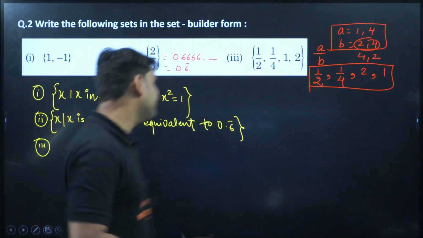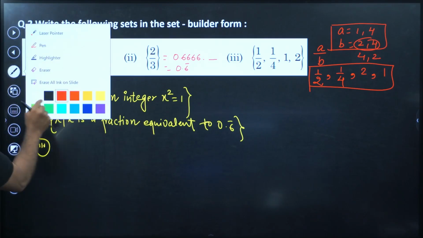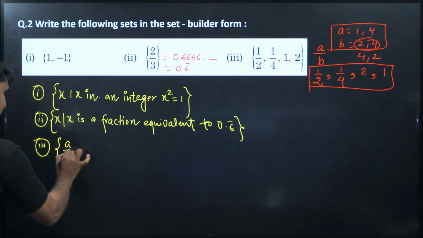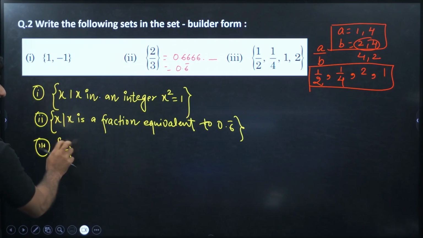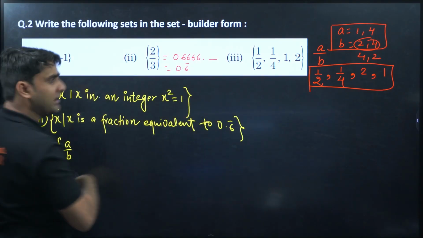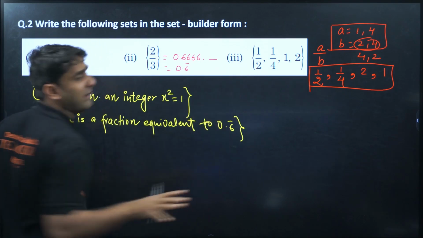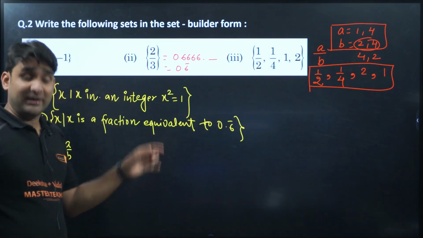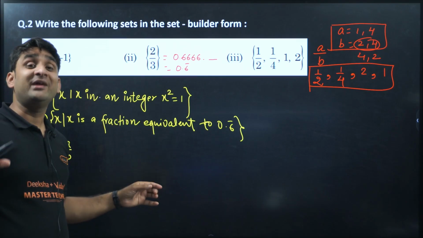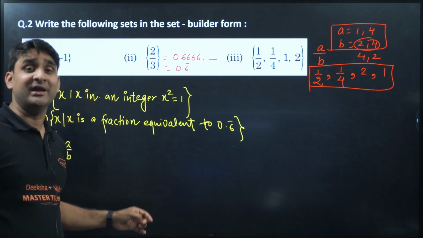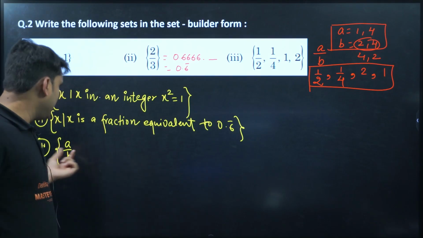Now the set builder form will look like this: let's not write x, because for a fraction you can write x by y, but here I'm taking a by b. I have already told you, for elements under brackets, always take a small alphabet, don't take a capital. If you take x, take a small x, or you can take a, b, c, d.